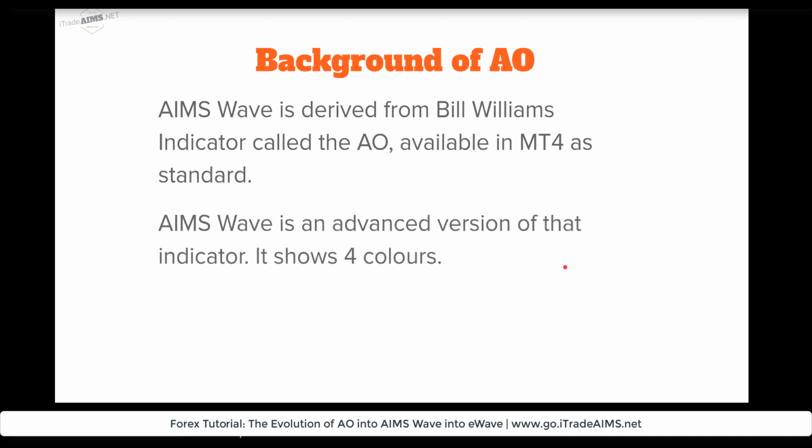Ames wave is an advanced version of that indicator. It shows 4 colors. And the reason we evolved from AO into Ames wave is that there was something missing on the AO. The AO was showing the peaks on either side of the 0 line, but it wasn't showing the increasing momentum and decreasing momentum.